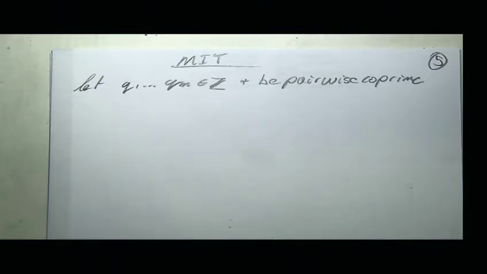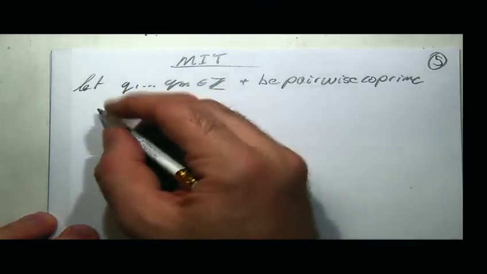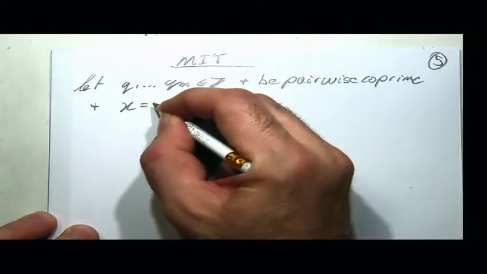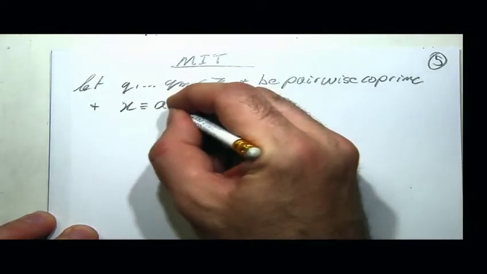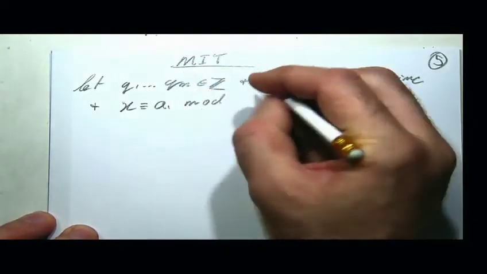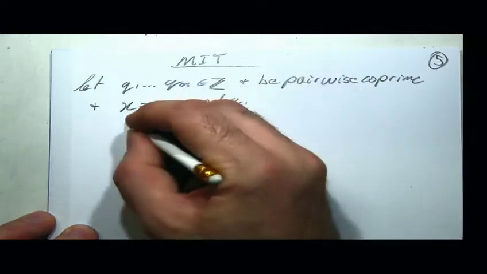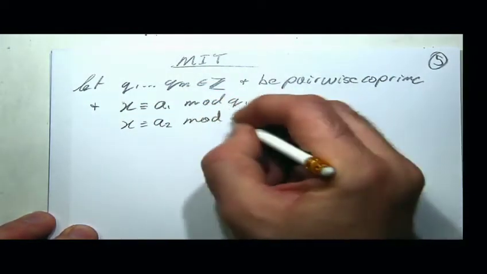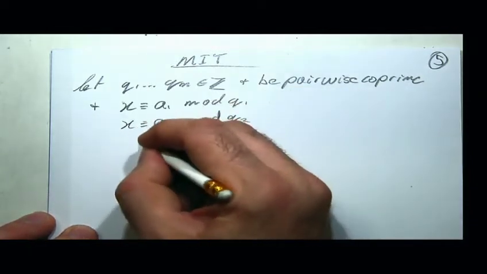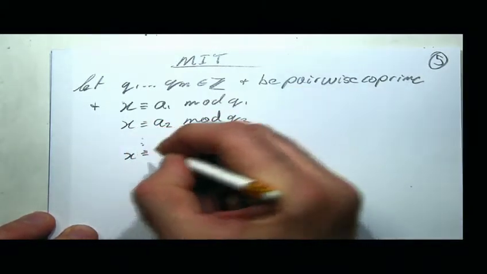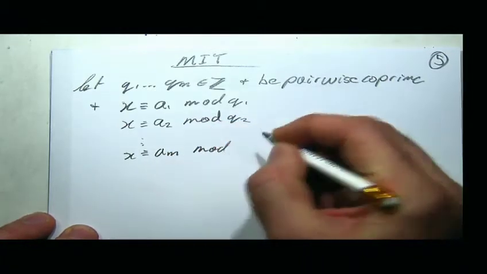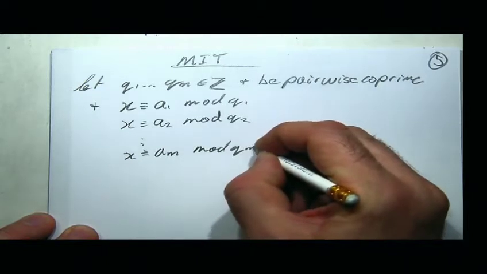Now, I have myself a number x, which is congruent to a1 mod q1, x is congruent to a2 mod q2, and so on and so forth, up to x is congruent to am mod qm.